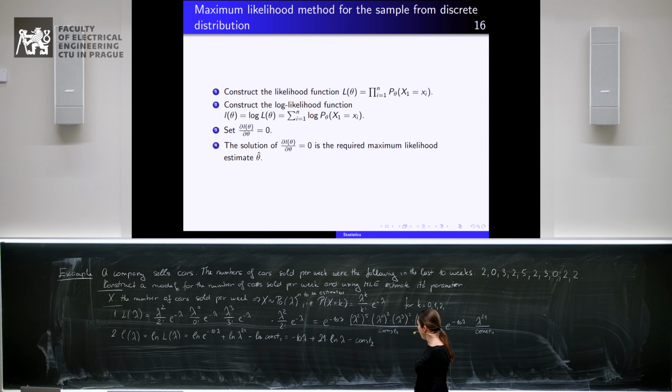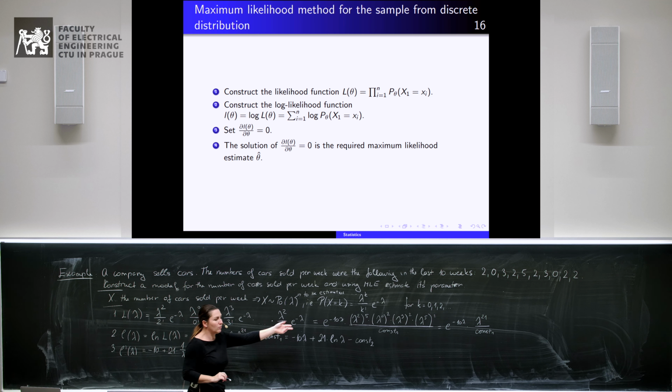And in the third step, we calculate the derivative of this function, which is minus 10 times lambda, the derivative is minus 10, plus 21 times the derivative of the natural logarithm of lambda, which is 1 over lambda, and the derivative of a constant is equal to 0.